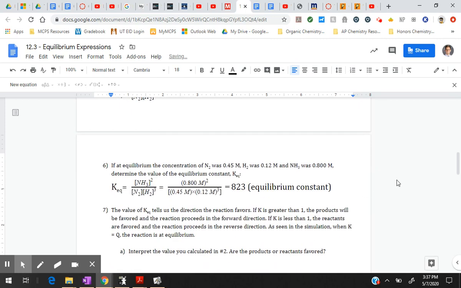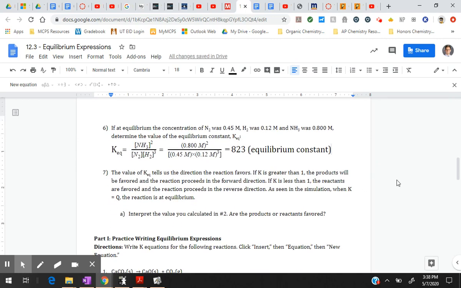So the value of K_eq tells us the direction the reaction favors. If K is greater than 1, the products will be favored and the reaction proceeds in the forward direction. If K is less than 1, the reactants are favored and the reaction proceeds in the reverse direction. As you saw in some of our simulations, when K is equal to Q, that means the reaction is at equilibrium.